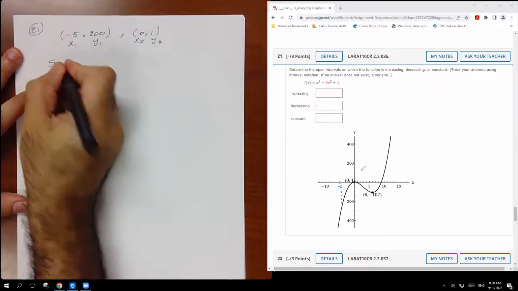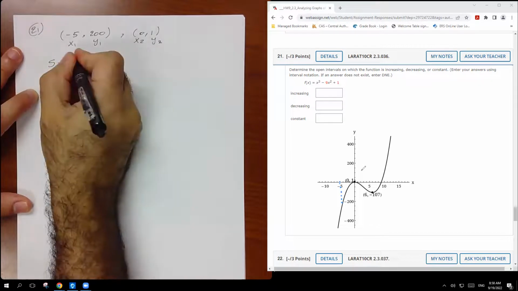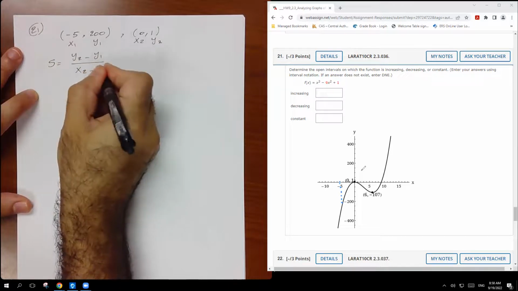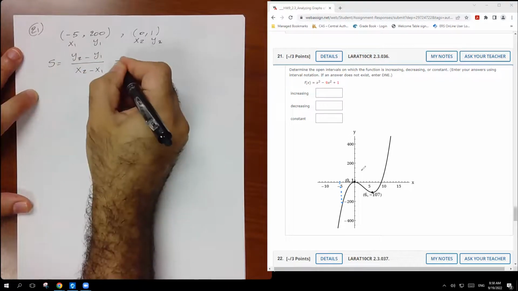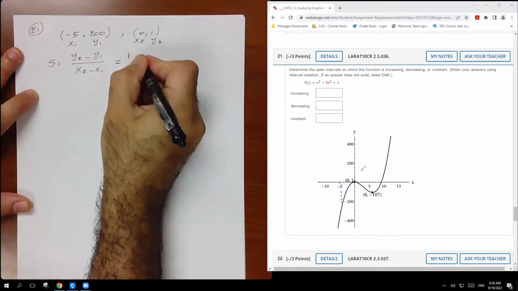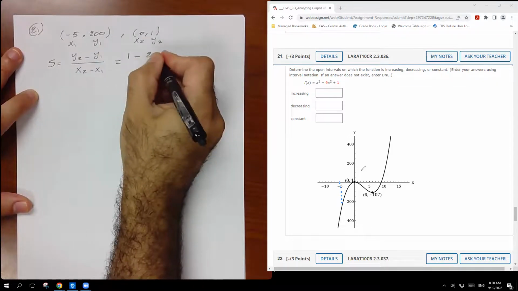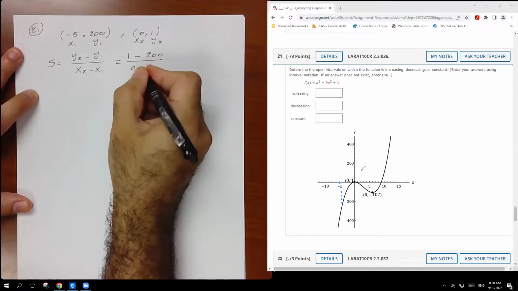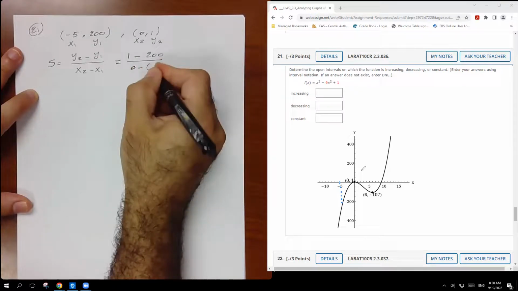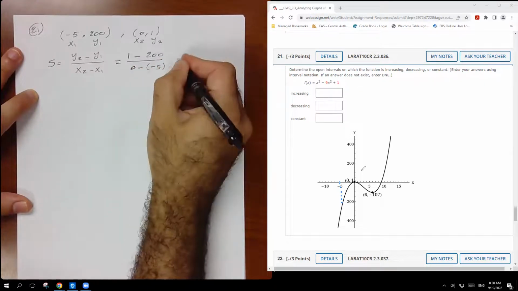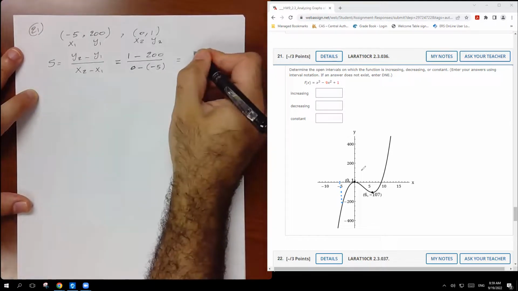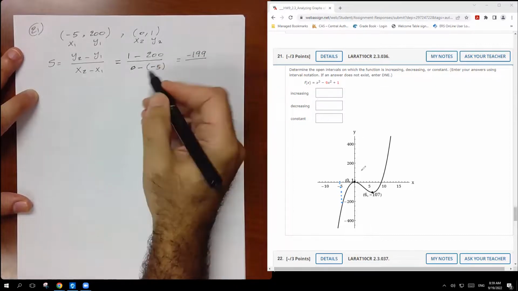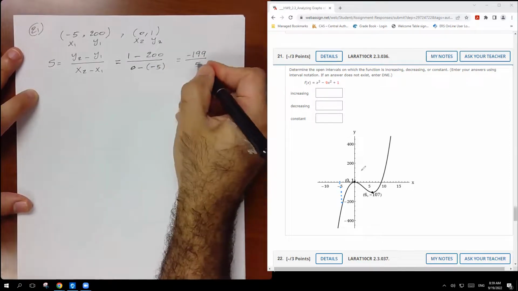The slope is going to be equal to y2 minus y1 over x2 minus x1. The slope is y2, which is 1, minus y1, which is 200, over x2, which is 0, minus x1, which is -5. That means 1 minus 200 is -199, over negative times negative is positive, over 5.